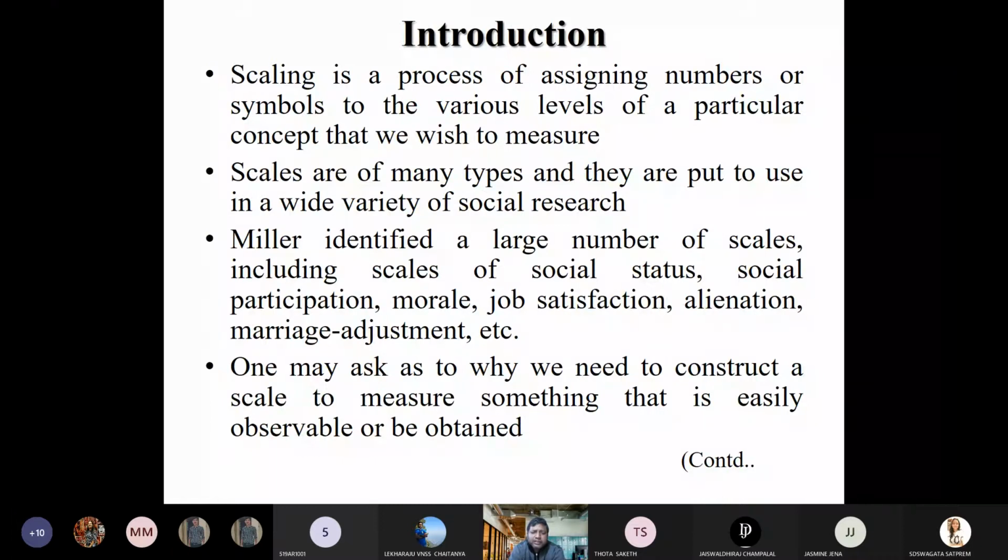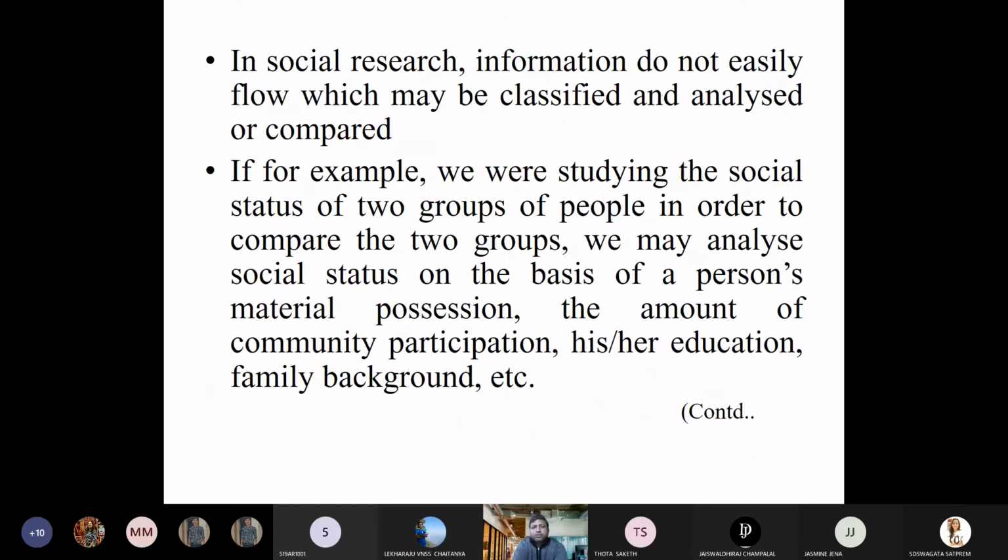Then what is the need of taking defined techniques, that is scaling techniques, to measure things which can be easily obtained or easily observed by seeing? So, in social research, information does not easily flow, so that it may be classified, analyzed or compared.